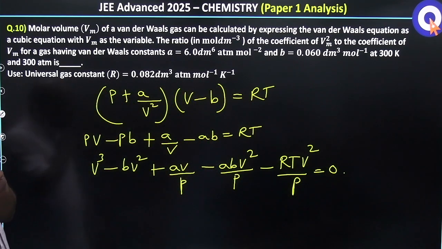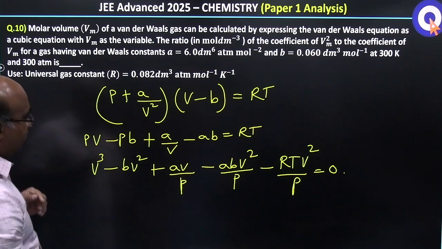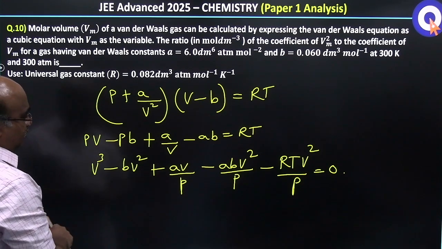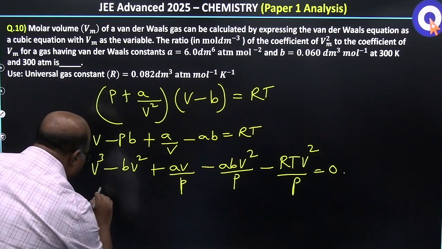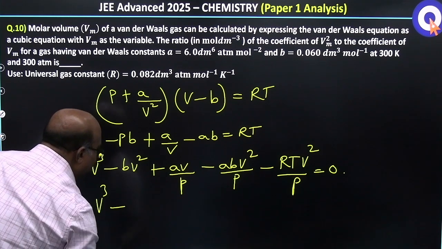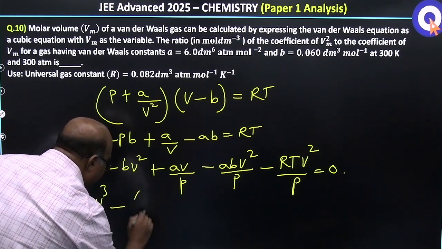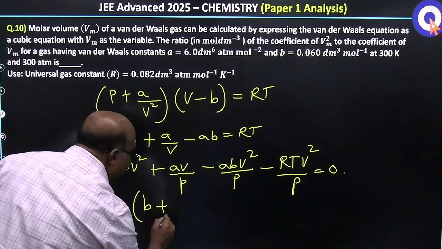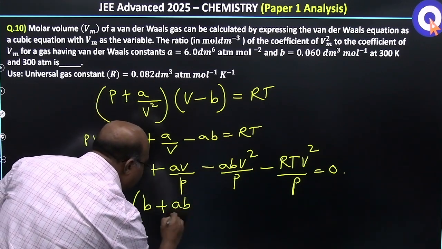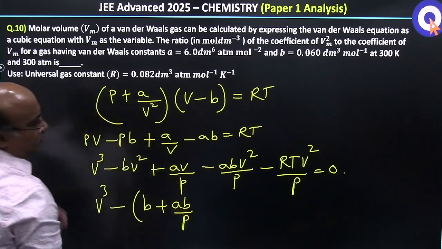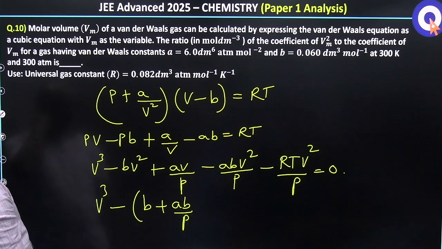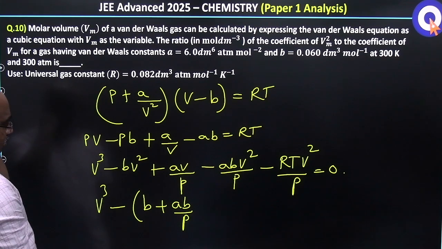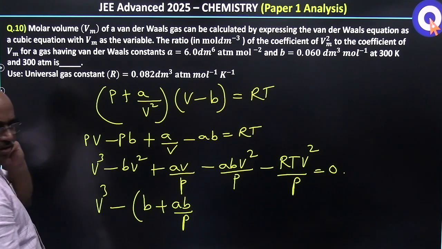Bring the V square terms to one side, that is V cube minus B, this is plus AB by P, where it is 3 terms.